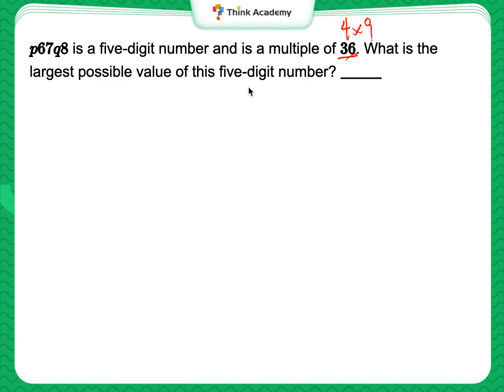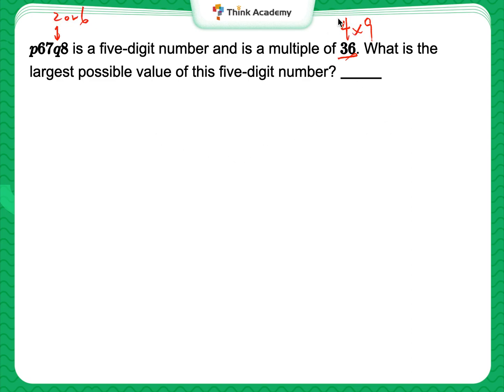In other words, whatever satisfies the divisibility rules of 4 and 9 will also be a multiple of 36.